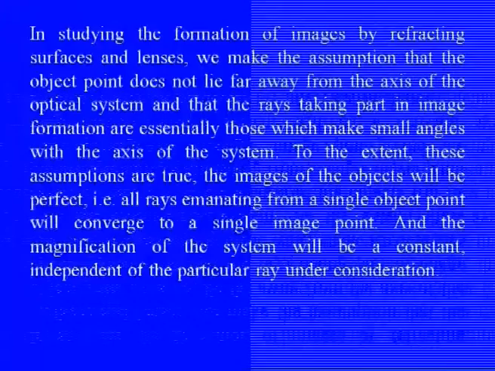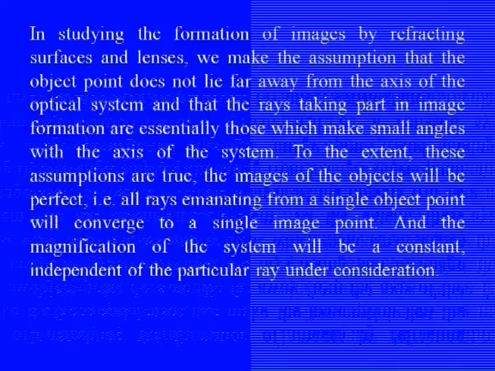To the extent these assumptions are true, the images of the objects will be perfect. All rays emanating from a single object point will converge to a single image point, and the magnification of the system will be a constant, independent of the particular ray under consideration.